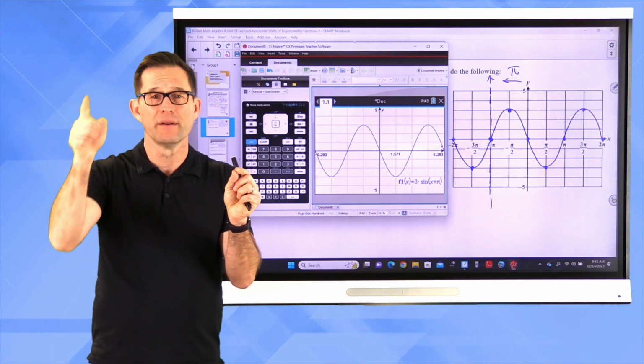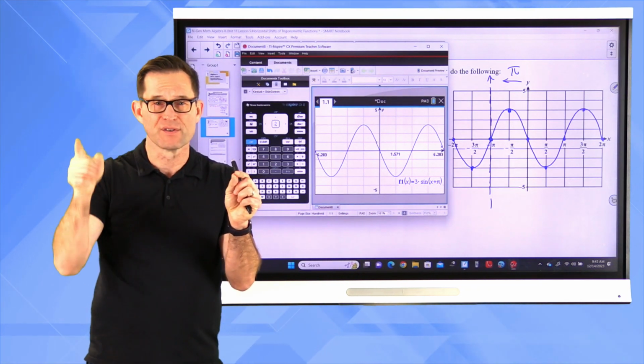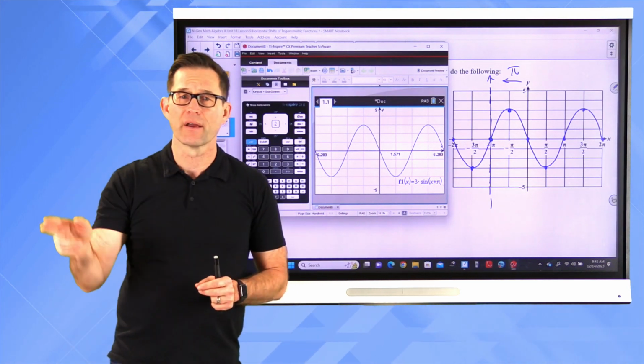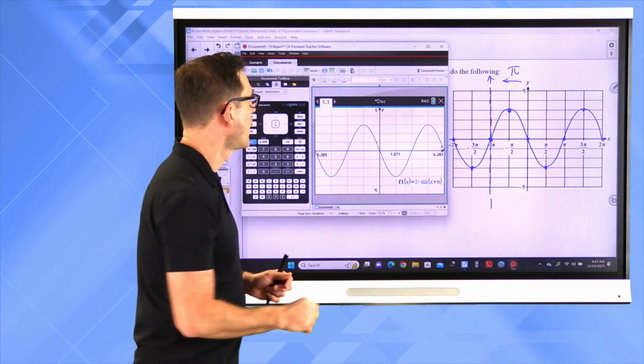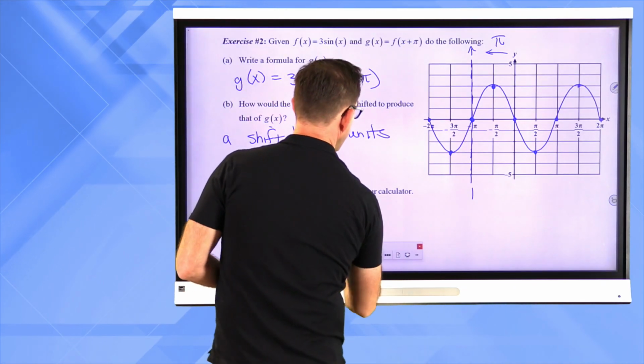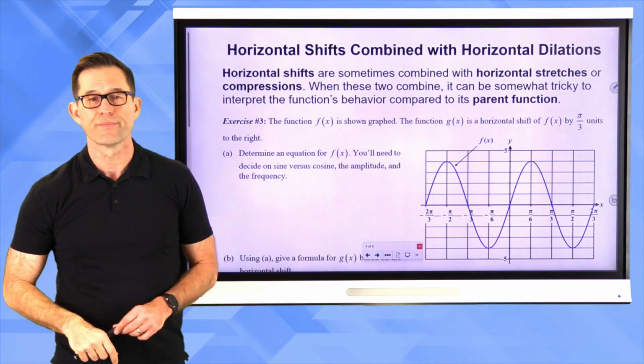So 0, 1, 0, -1, 0, 1, 0, -1. All right, so you really want to be able to picture that as you're heading around the unit circle.